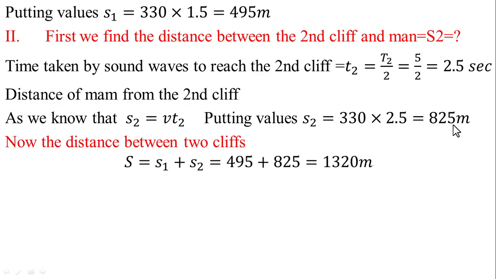S is equal to S1 plus S2, the total distance, that is equal to 495 plus 825, that is equal to 1320 meters. So the total distance between the two cliffs is 1320 meters. Best of luck, see you in the next video with the next lesson.